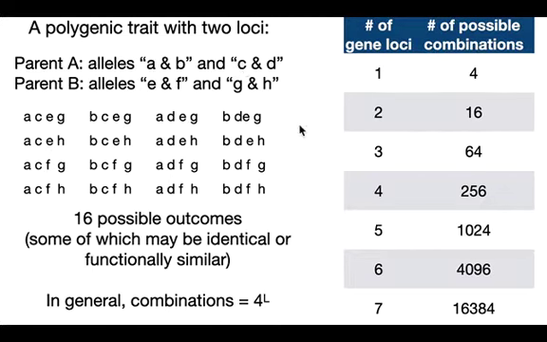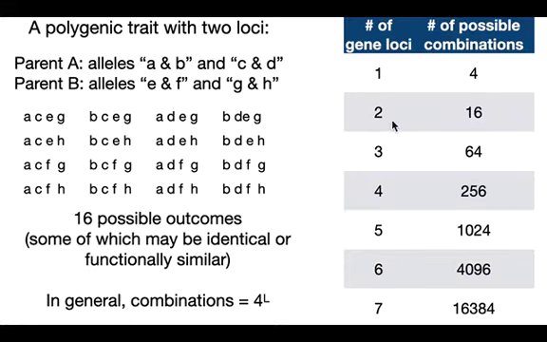So in general, the combinations are going to be four, because there are four different combinations of bases, to the power of L, the number of loci. So in your freshman year Punnett squares, there were always 4 squares inside there, right? Because you were only dealing with 1 gene locus.